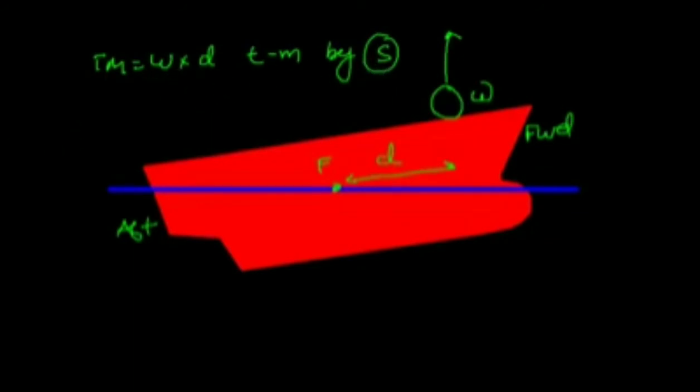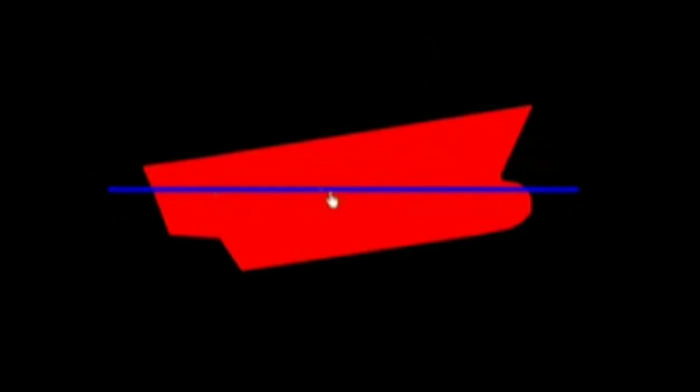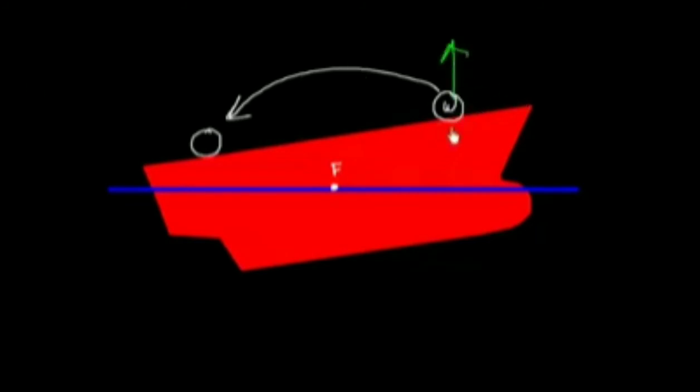Now let us consider the example of shifting. Say for example, here is the center of flotation and I shift this weight W from forward to aft like this. So if I shift this weight, the first step is I discharge this weight. Suppose this distance is D1, so my trimming moment is going to be W into D1 and it is going to be by astern.